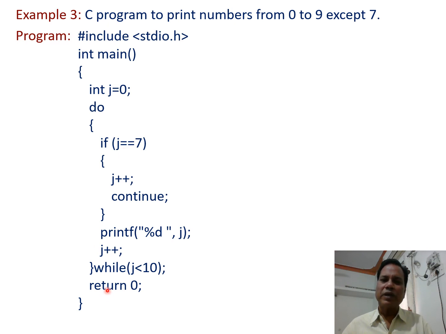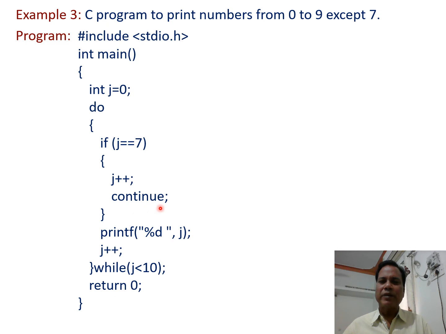So these numbers get printed. But when the value of j equal to 7, the condition becomes true, and when the condition is true, then the value of j is incremented. This value becomes now 8.